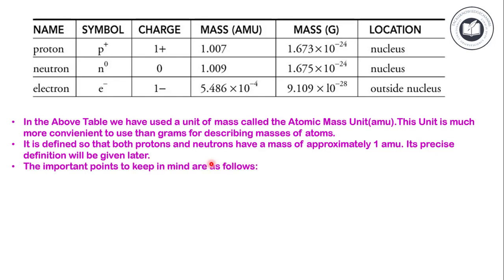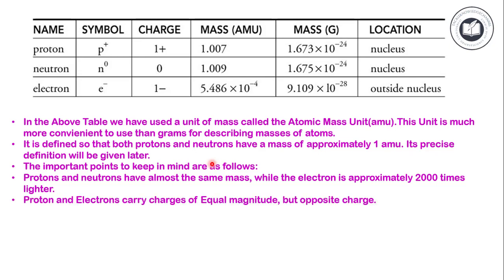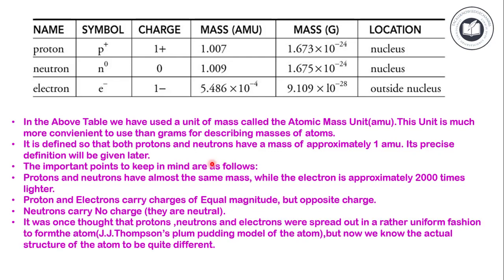The important points to keep in mind are as follows. Protons and neutrons have almost the same mass, while the electron is approximately 2000 times lighter. Protons and electrons carry charges of equal magnitude but opposite sign. Neutrons carry no charge, they are neutral.